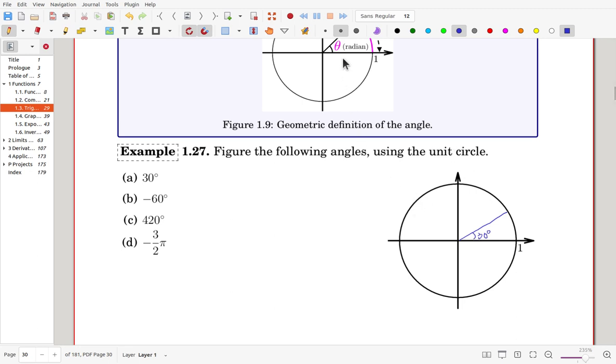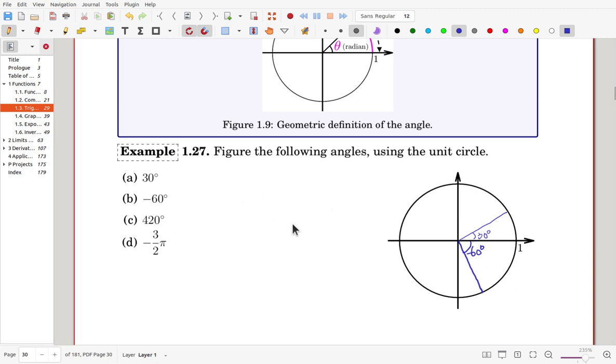Okay, let's use a little bit thicker one. Now -60 degrees in the negative direction here. That is 2/3 of a right angle, so that is -60 degrees.